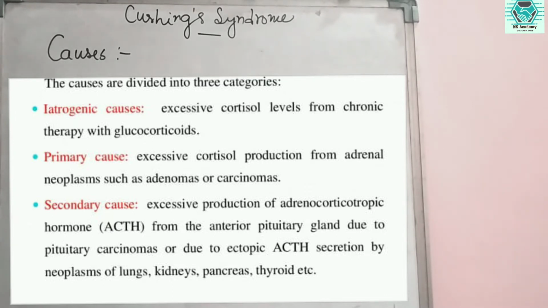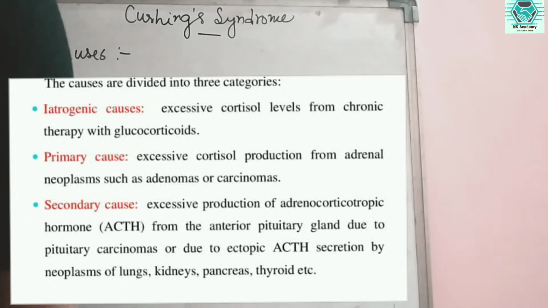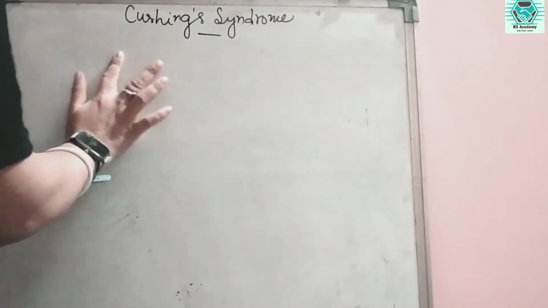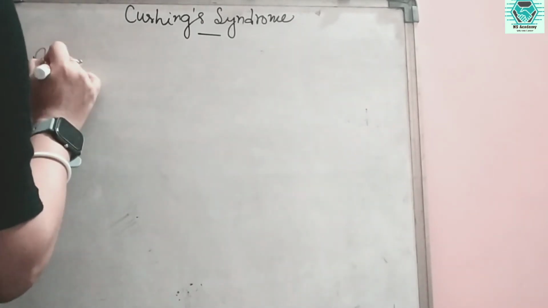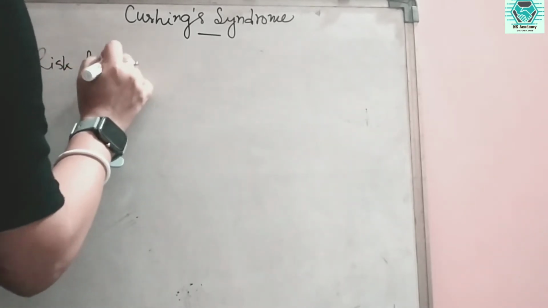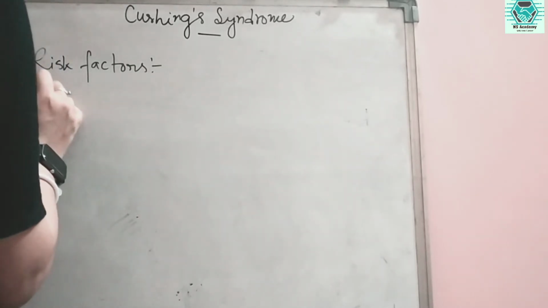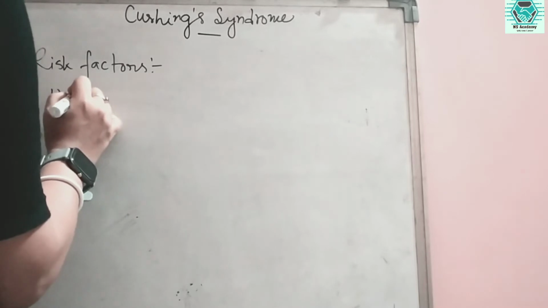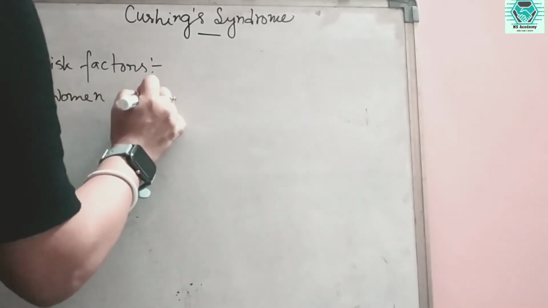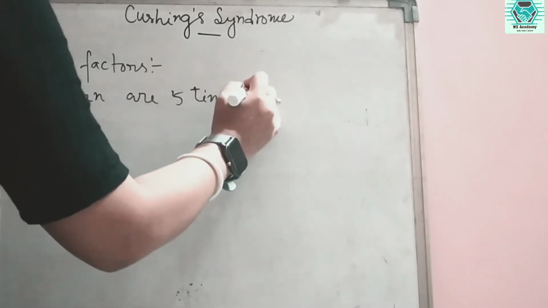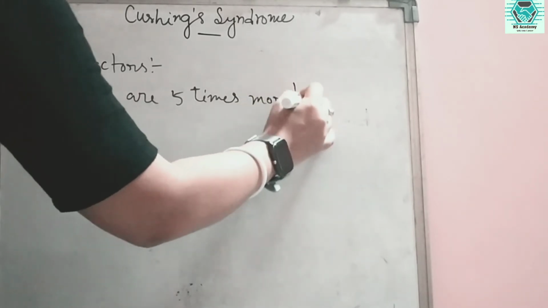The risk factors in case of Cushing syndrome are, first of all, women are 5 times more likely than men.